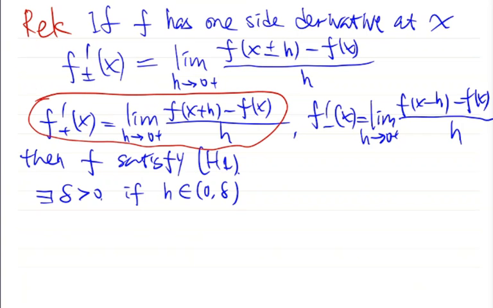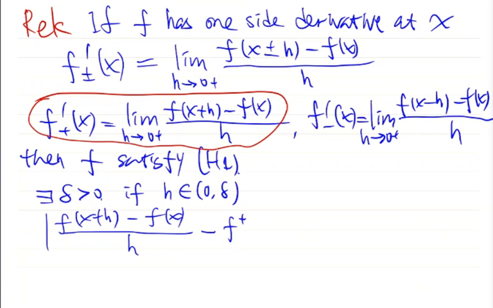If the right derivative at x exists, then by the definition of limit, there is a positive delta such that once h is between 0 and delta, we will have |(f(x plus h) minus f(x)) over h minus the one-side limit| is less than 1.